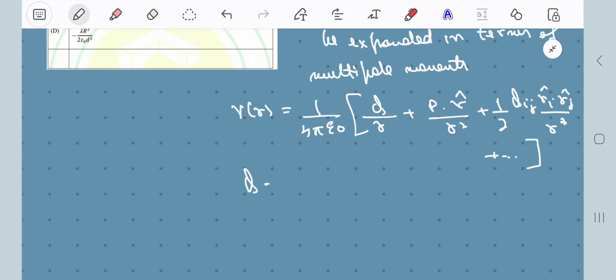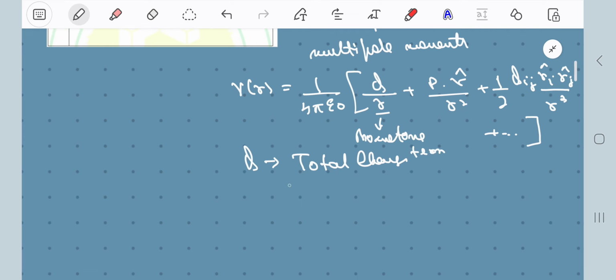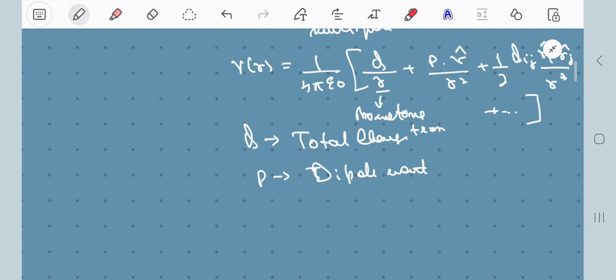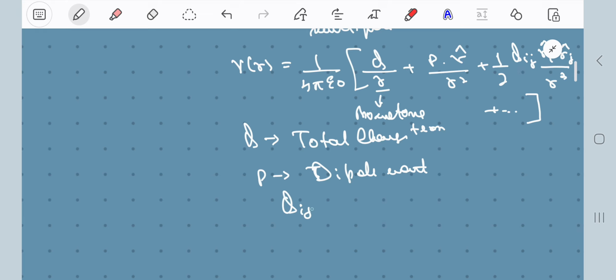Okay, so what is q? Q is the total charge. Okay, and this is the monopole term. Okay, p is the dipole moment and Qij is the quadrupole moment tensor. Fine.